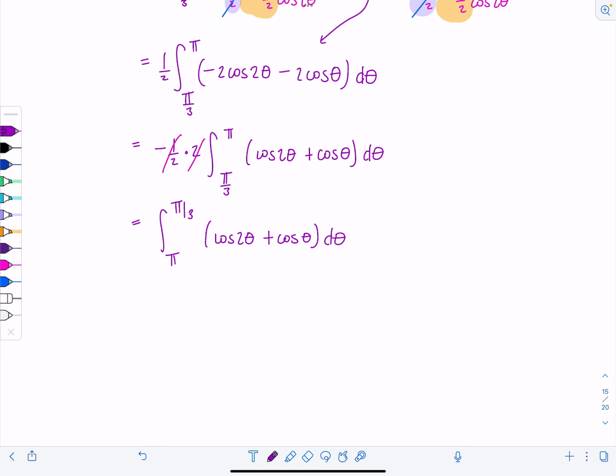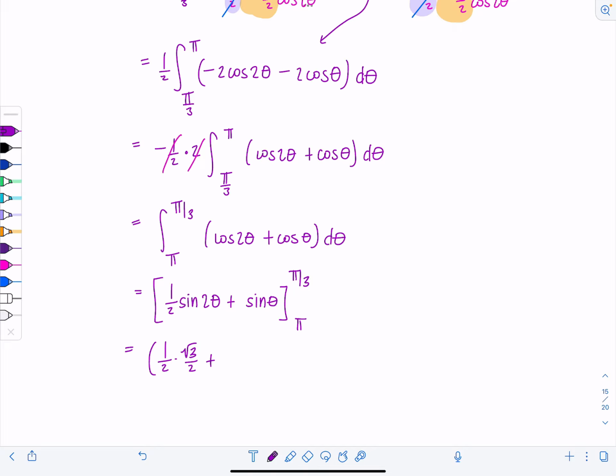Okay, antiderivative of cosine 2 theta. That's 1/2 sine 2 theta. Plus antiderivative of cosine theta is sine theta. And now we're going from pi to pi over 3 because I wanted to get rid of the negative. Okay, so this is 1/2 times sine of 2 pi over 3. Sine of 2 pi over 3 is rad 3 over 2.